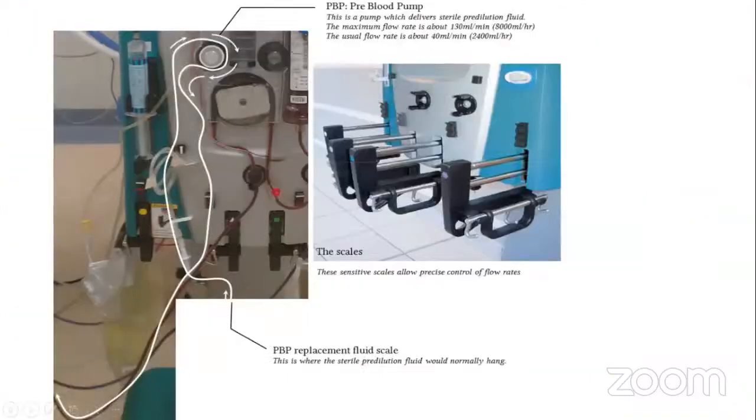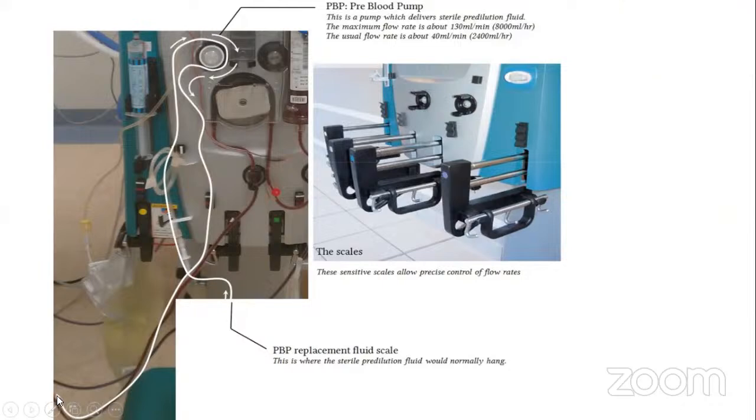So I told you there are 2 wires connected here, and this is nothing but the PVP. As I told in the earlier slide, 4 bags will be connected. This is an effluent bag and this is the PVP bag. From the PVP bag, the replacement fluid travels through this PVP pump, and this PVP replacement fluid gets added into the initial part of the circuit.